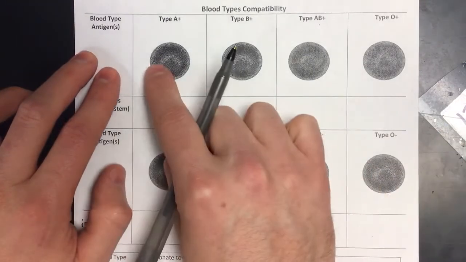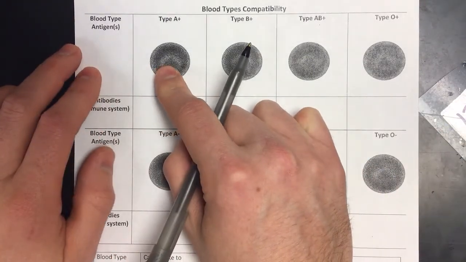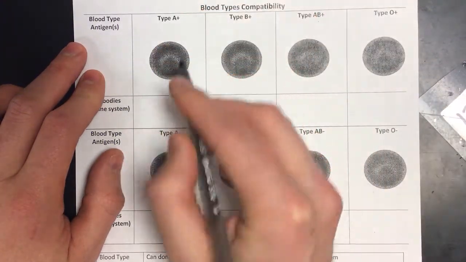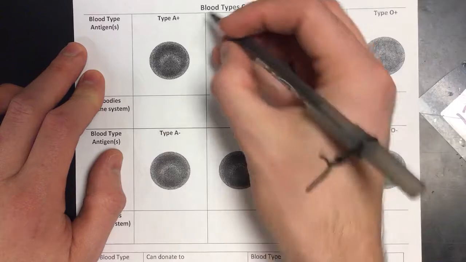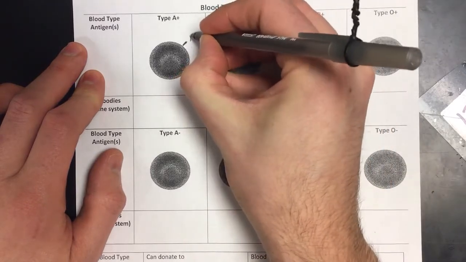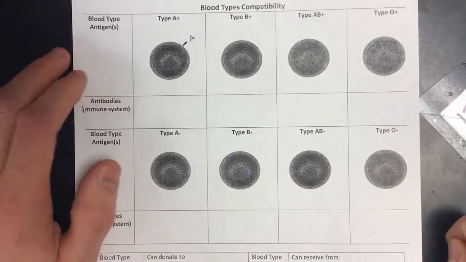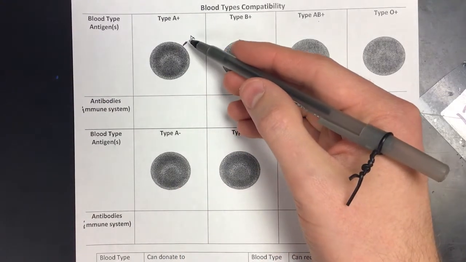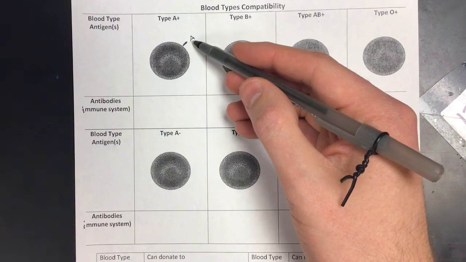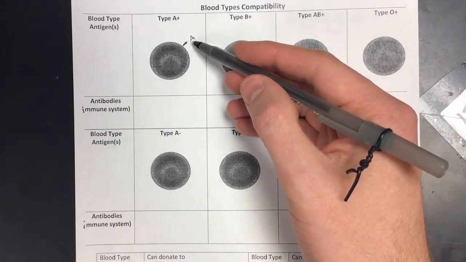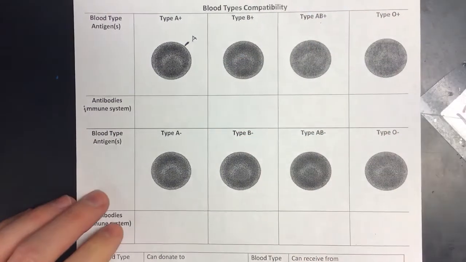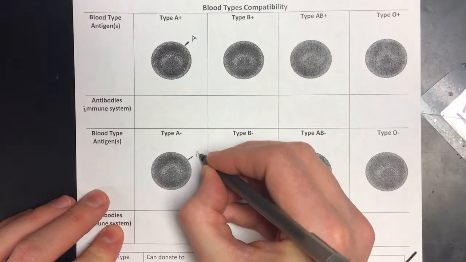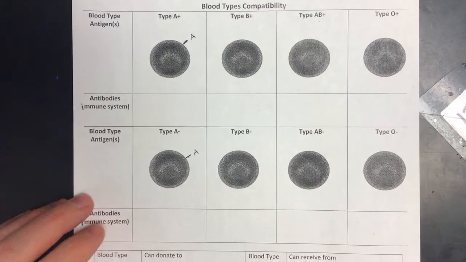All right, so what does it mean to be type A? We did talk about this yesterday. It means physically on your red blood cells you have a little protein. It doesn't look like an A, but you have a little chemical thing right there that is called antigen A. It doesn't matter if you're A positive or A negative, you're going to have that chemical marker.